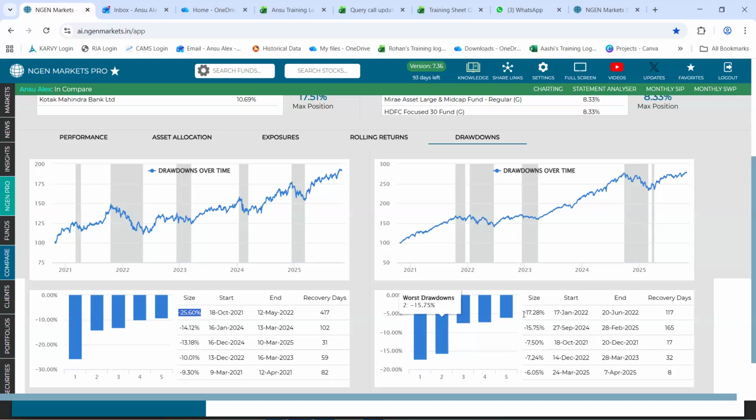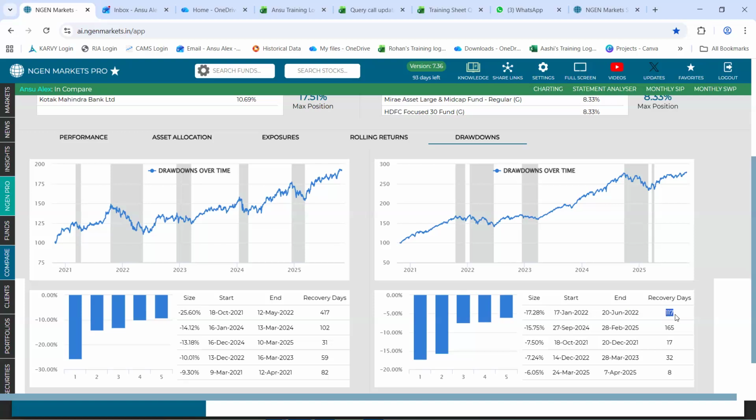However, when I refer to my MF portfolio, I see that the magnitude of loss was just 17%, considerably lower than what we are viewing in the stocks portfolio. And the duration of loss is also lower, January 2020 till June 2020. This loss of 17% was recovered in just about 117 days.